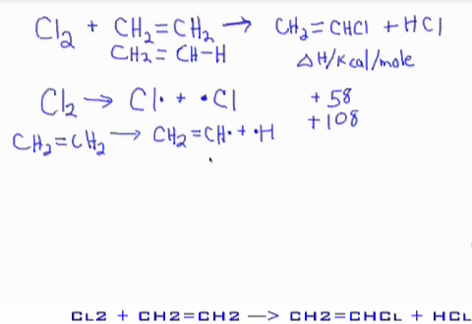So what are we doing next? Well, we're assembling the chlorine onto carbon. That is, we're taking this radical, the organic radical, reacting it with the chlorine radical. So I can write that down.